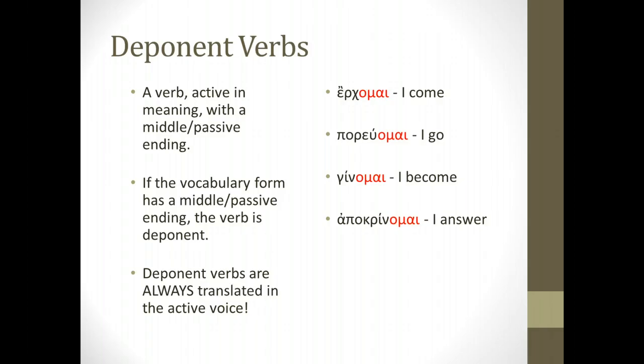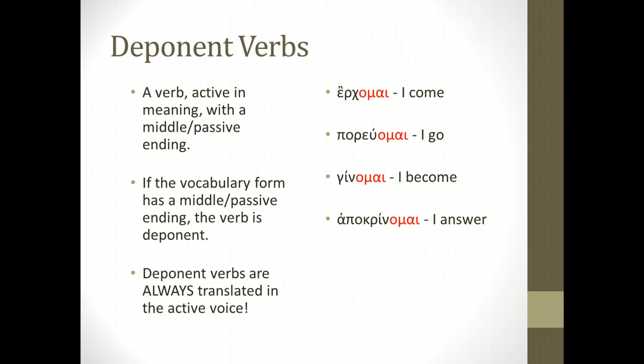Beginning this week, however, you were introduced to a series of verbs that actually came with what we're going to refer to as the omai endings. You learned verbs like erkomai, meaning I come, poreuomai, I go, ginomai, I become or I happen, and then apokrinomai is I answer. Now, these are what are known as deponent verbs, okay?